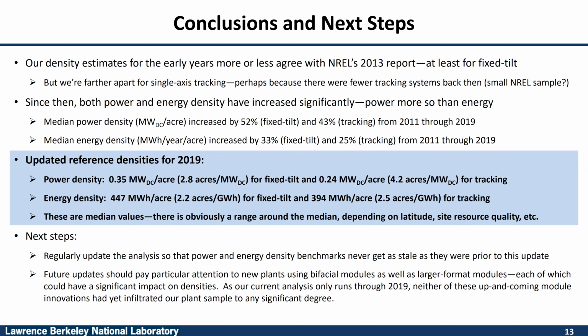Someone else asked, is energy density also driven by changing loading ratios of PV to inverters? This is an interesting question. We expressed our power density in terms of DC capacity, so megawatts of DC capacity per acre. You can also do it in terms of AC capacity. We chose not to do that because of this issue about loading ratios, or DC to AC ratios, and how those have moved around over time.